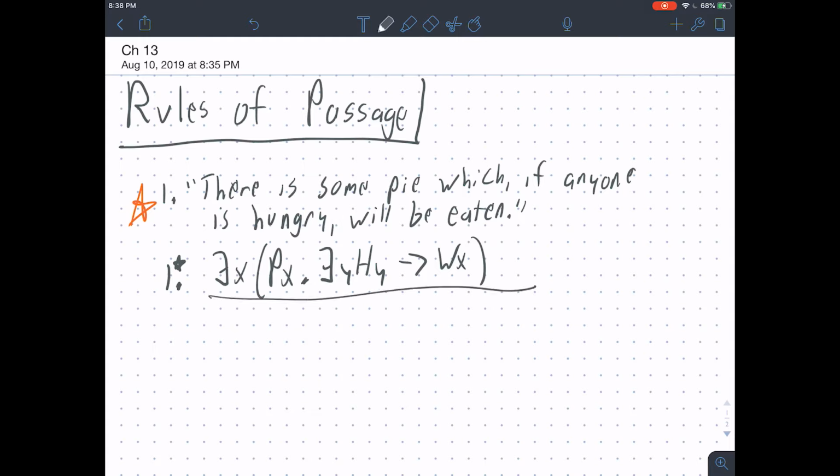So this is a perfectly legitimate quantificational schemata. There's nothing wrong or defective about it. It's a simple existentially quantified expression. However, it has nested quantifiers.